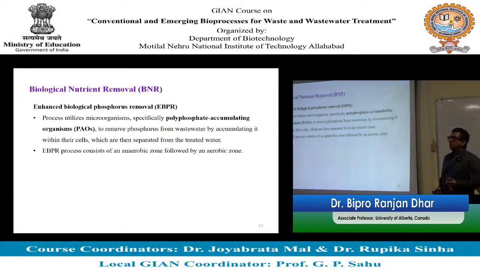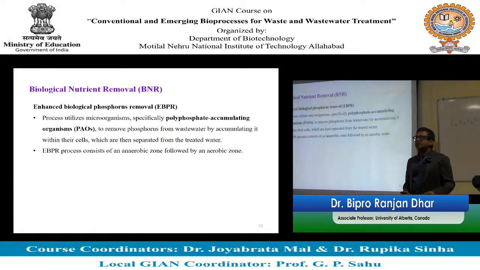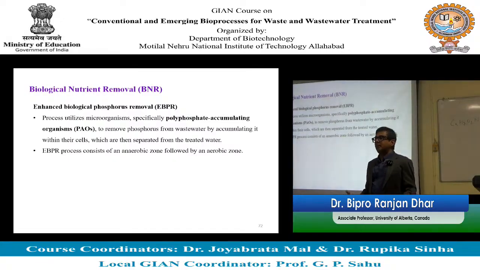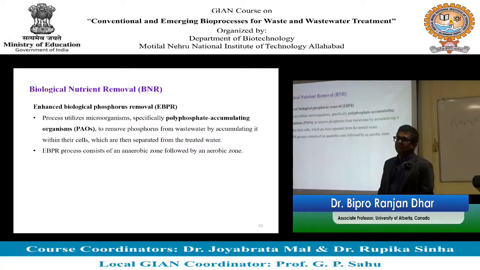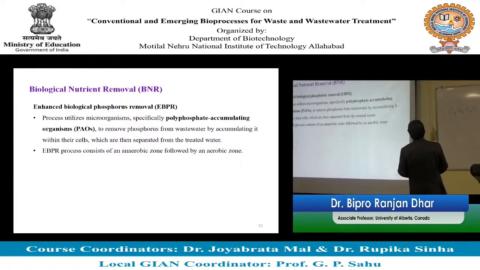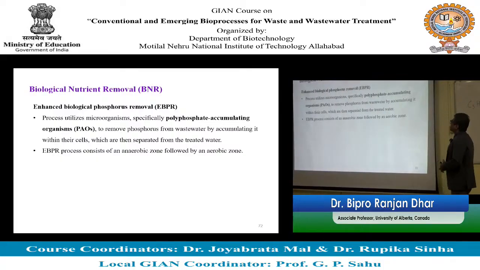So now we talked about nitrogen. What about phosphorus? Phosphorus can also be removed by a biological process called the enhanced biological phosphorus removal process. It uses microbes called polyphosphate accumulating organisms.